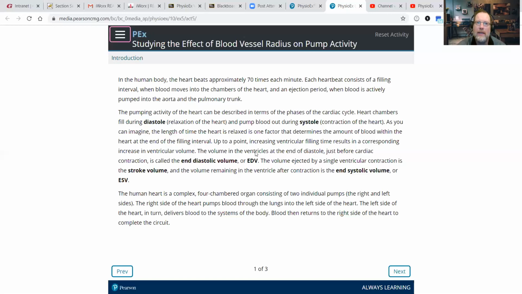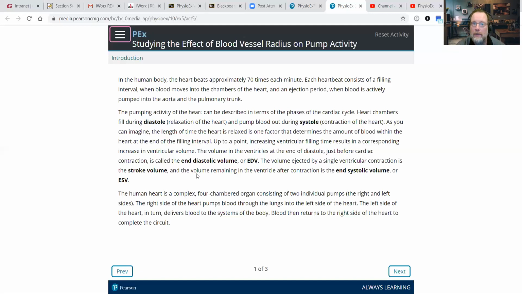Diastole has to do with filling and relaxation, and we have an end diastolic volume right before the ventricles contract. So basically, how much blood is in the ventricles. And then the end systolic volume is the remaining blood in the ventricle after a contraction, or a systole type of event.